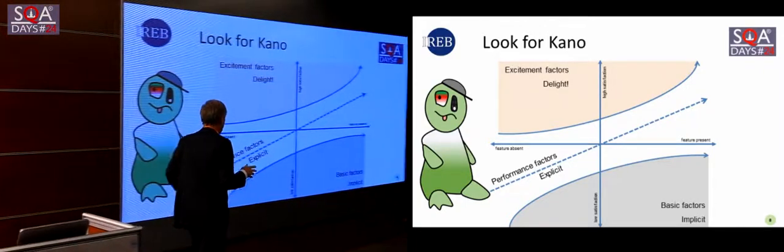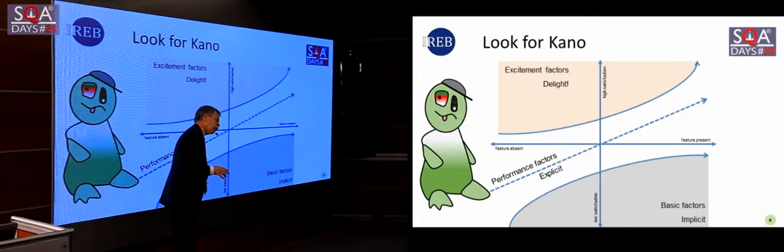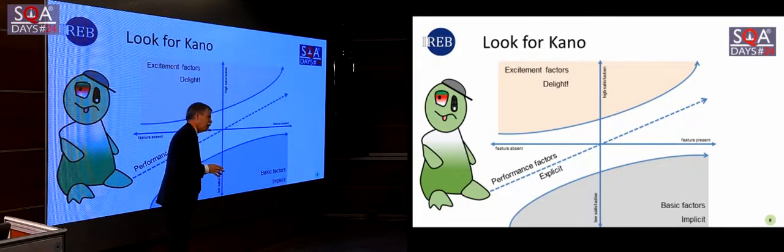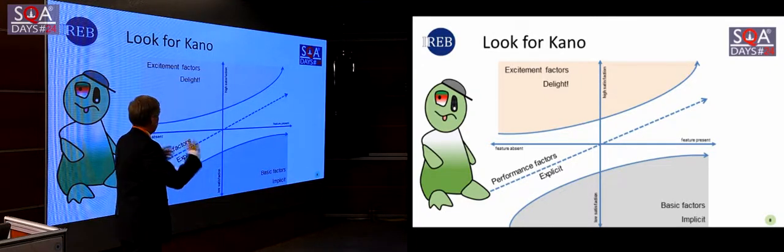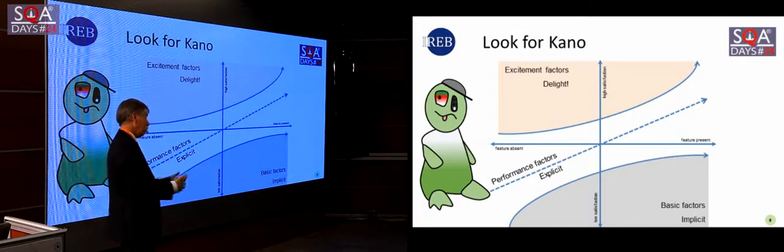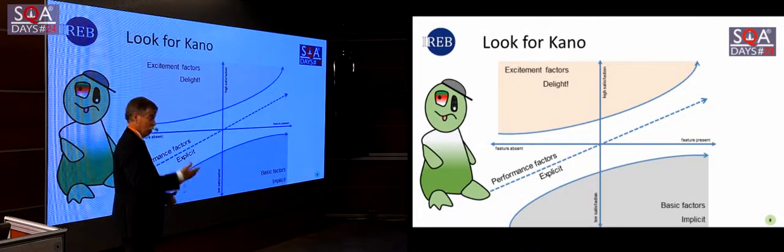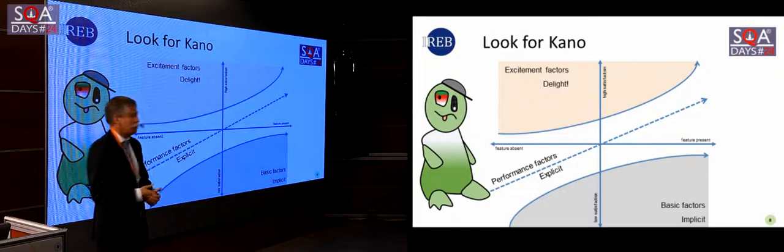Requirements that are so obvious for your customers that they don't mention them. And you can only find out by observing your users doing their job and asking the question, why do you do that? You didn't tell me that you need this. Oh yes, but we always do it this way.